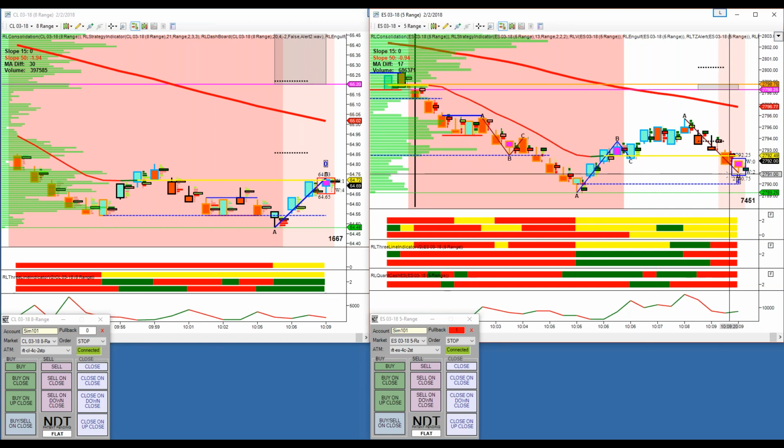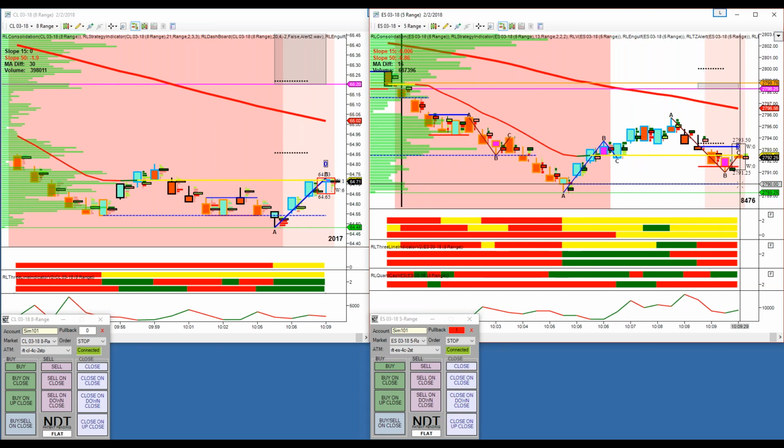Oh man, look at price. Look at volume. We don't even have any quant lines.